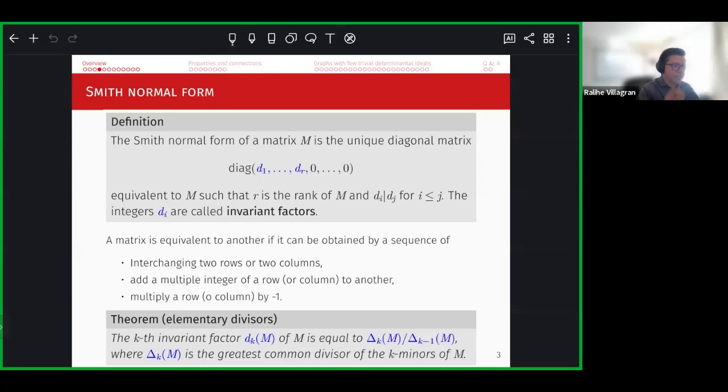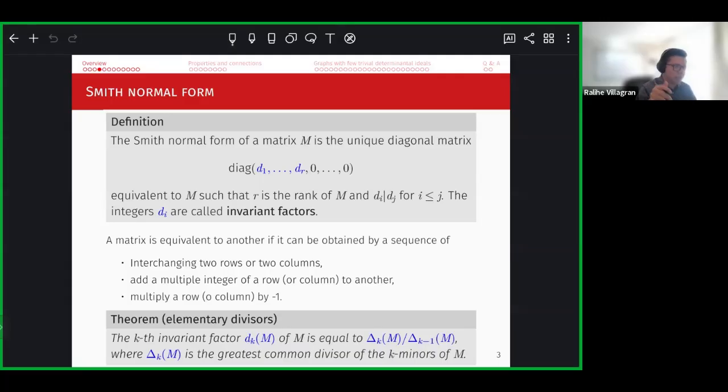The Smith normal form is a diagonal form given by elements where the first divides the second, which divides the third, and so on.